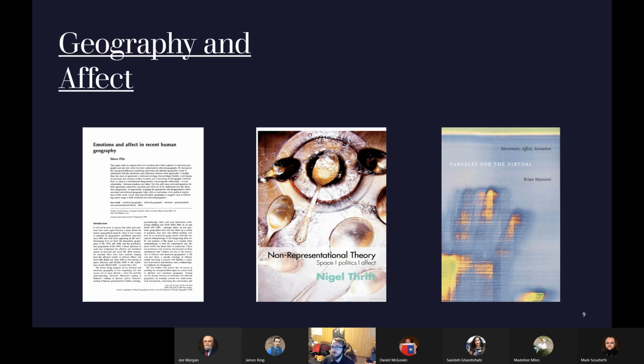We use the term affect to refer to our precognitive, unconscious, and embodied reactions to visual input. So, not just physical input, as in reacting to something that's here with us in the real world, but visual input as well, such as looking at a screen at a video game and the landscapes in there affecting us.